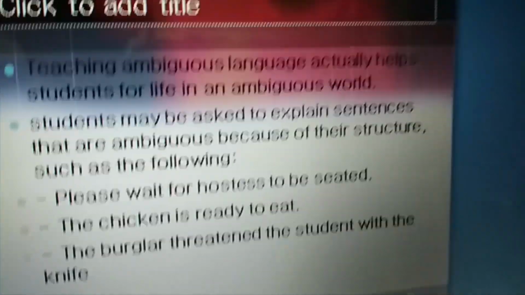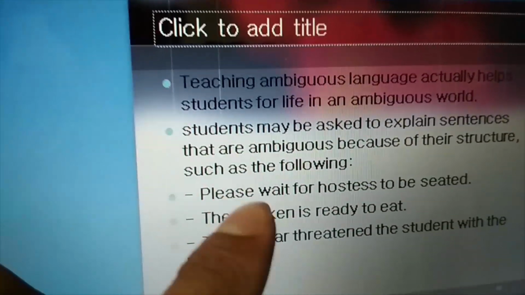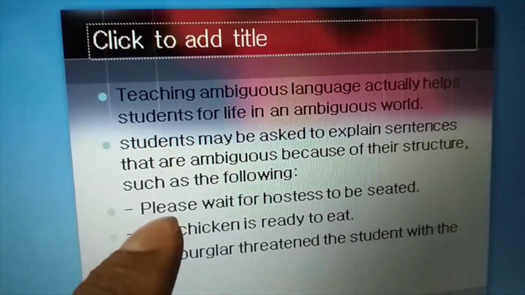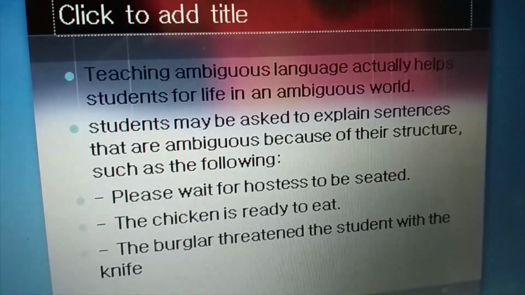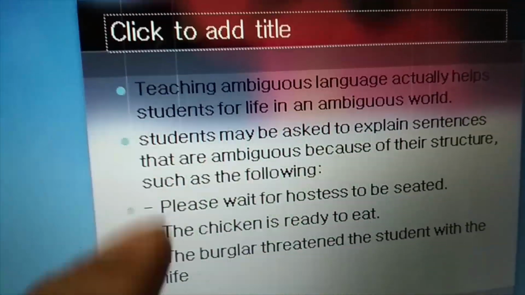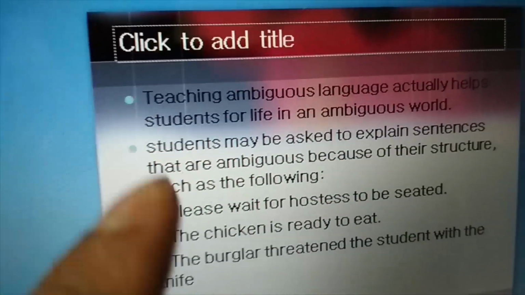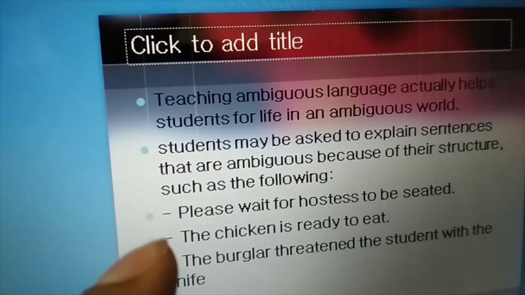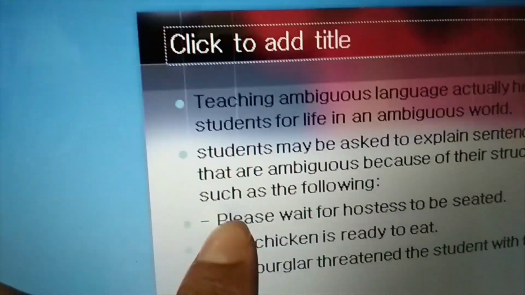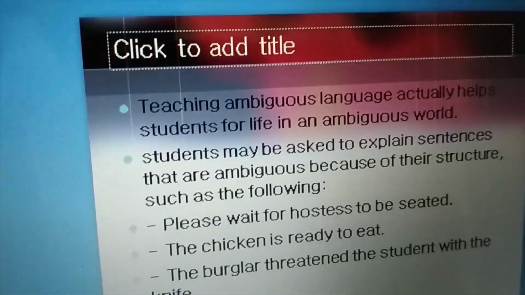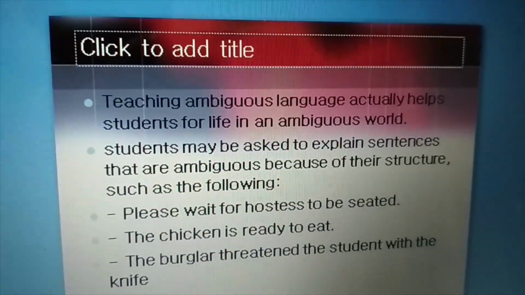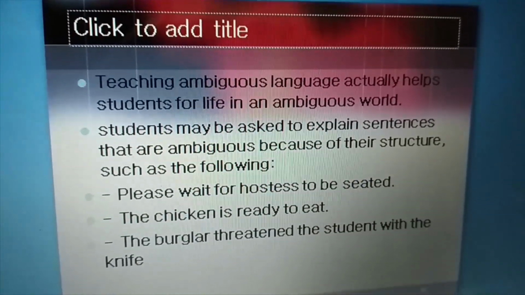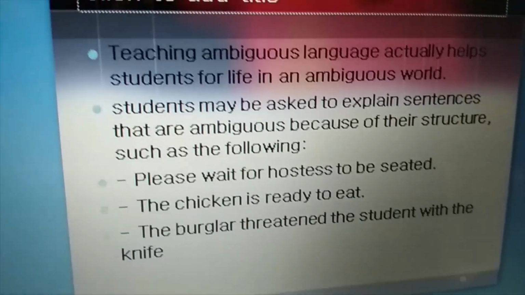Because if you just sit yourself in the table that, yeah, dirty table, actually no one will come to you bring the menu for you. It is impossible, yeah? Because if the restaurant has these quotes, it means that you must wait until the waiter or the host allow you to sit in the chair or the table that they already prepare for you.